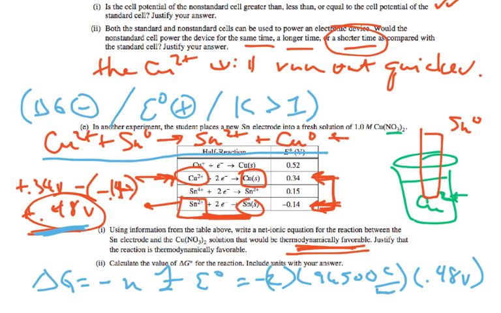So if we substitute those all in, then we will get an answer of negative 93,000 joules per mole, or negative 93.5 kilojoules per mole of reaction. Okay, I'm kind of running out of space, but that's the idea. So you can tell that from the scoring guidelines. Okay, and that is this question. It's a lot of stuff.